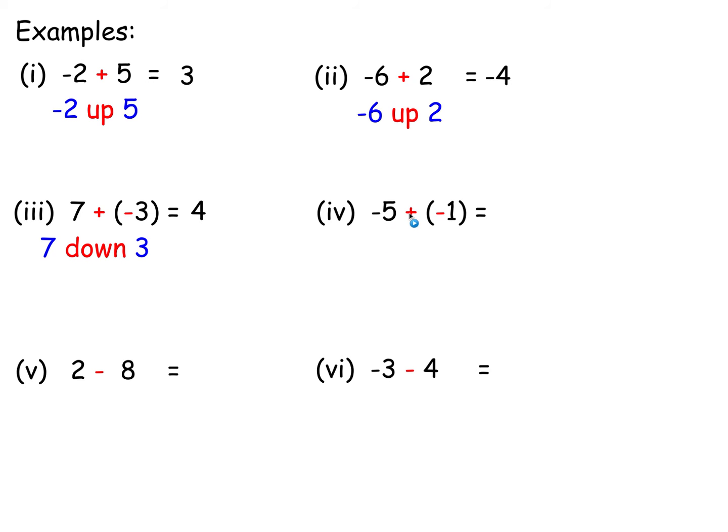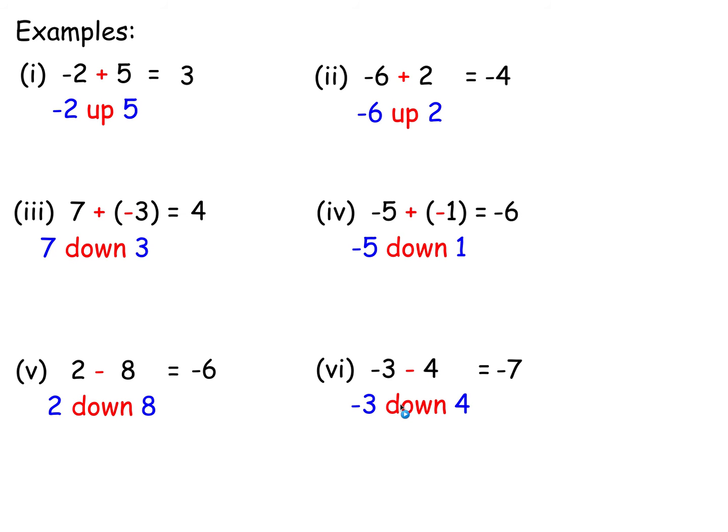Negative 5 adding negative 1 is just like subtracting 1, so negative 5 down 1. 2 subtract 8 is 2 and go down 8. This is negative 3 and go down 4. So you could think of temperature to get the answers. Negative 3 and temperature goes down 4 degrees to negative 7.